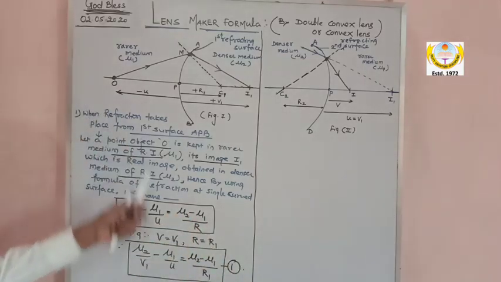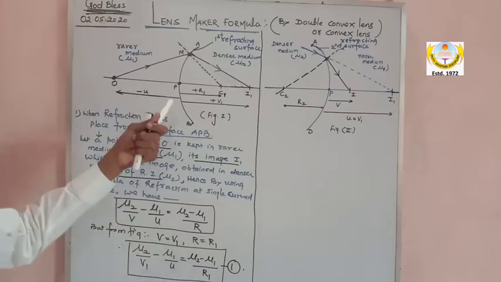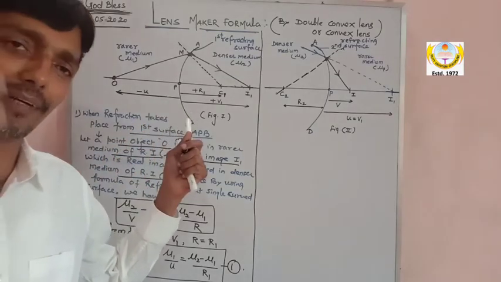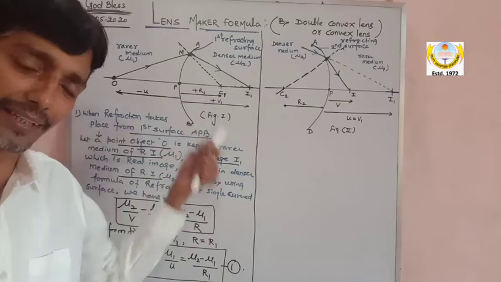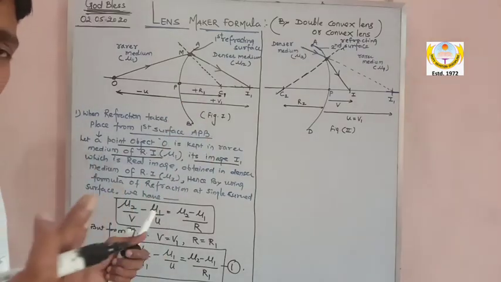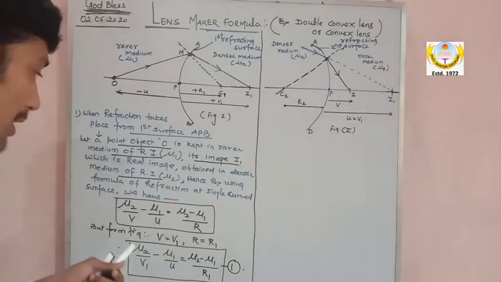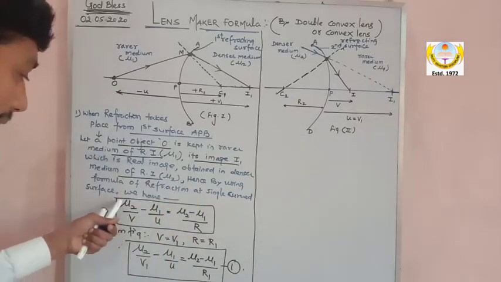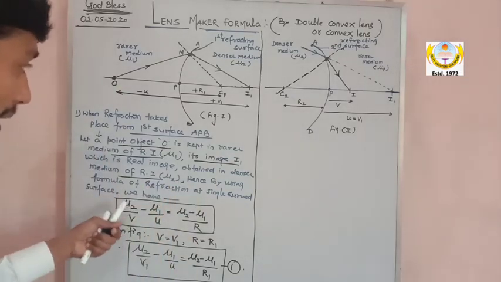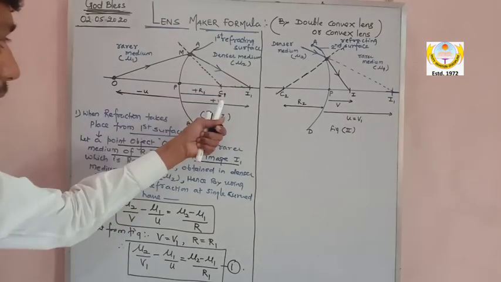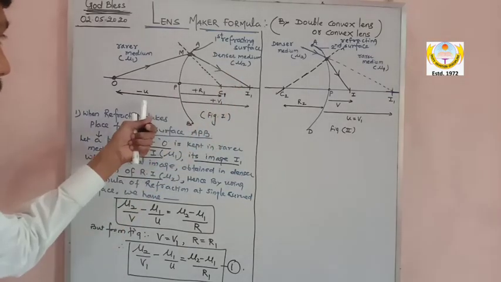So I hope it is very simple. You can clearly see, and I have done all this in my earlier video and theories also. I have done this theory very well for refraction at a single curved surface, so please go through that. I have given you the logic that the image is obtained in the denser medium. V is in mu2 and U is in mu1.